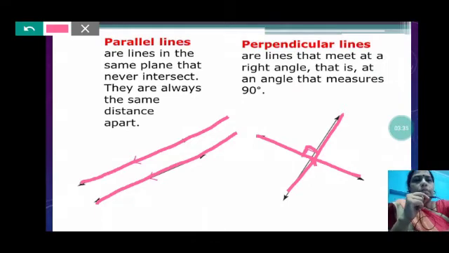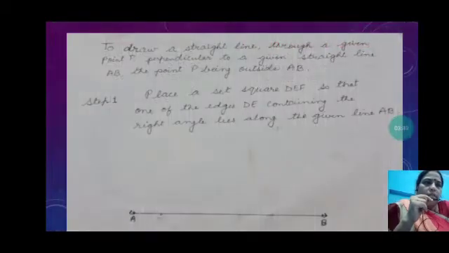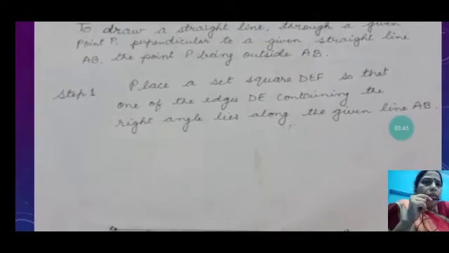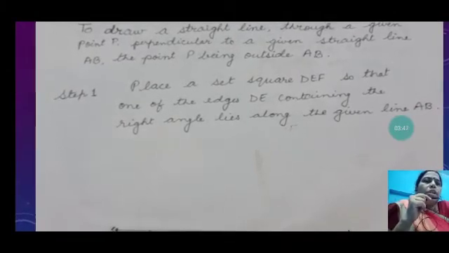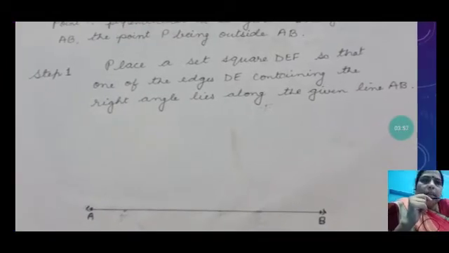So now let us learn how to construct. To draw a straight line through a given point P perpendicular to a given straight line AB, the point being outside AB. See here, this is the line AB.